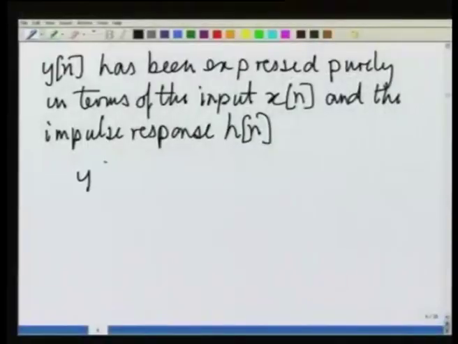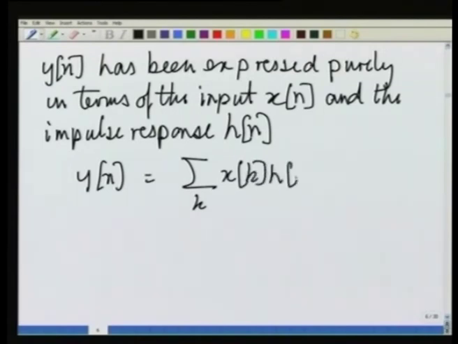Instead, now we have a formula, a means of calculating the output without actually looking up in any table. This is a gross simplification, one that has reduced a huge table to just this grand formula, namely y[n] equals the summation over all k of x[k] h[n minus k].